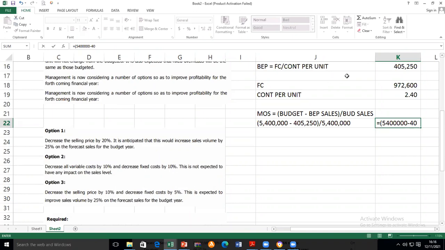Okay, let's see the figure. Are these units? Yes, those are units. Okay, fine.